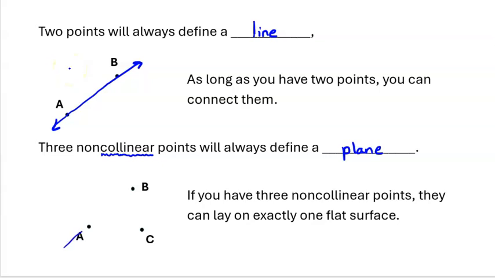So I could draw a line between A and B. I could draw a line between B and C. I could even draw a line between A and C. However, there is no straight line that connects all 3 of these. So if you have 3 non-collinear points, they can lay on exactly 1 flat surface. When it comes to 2 points, there's only 1 line that could be drawn between them. And we'll see a little bit more of this coming up soon.